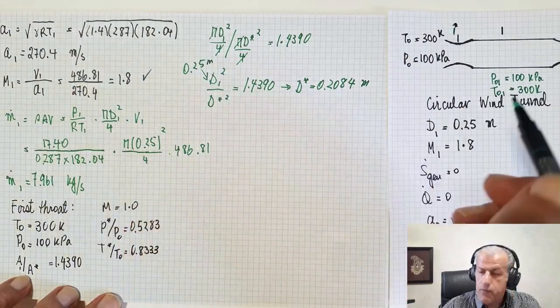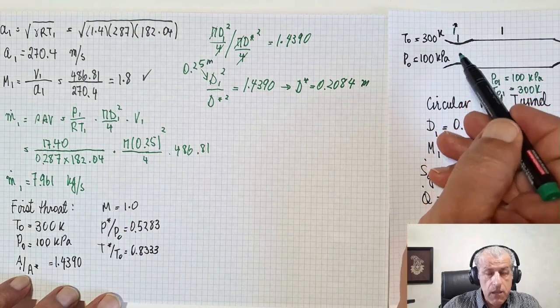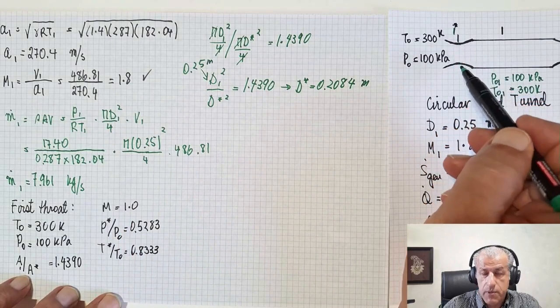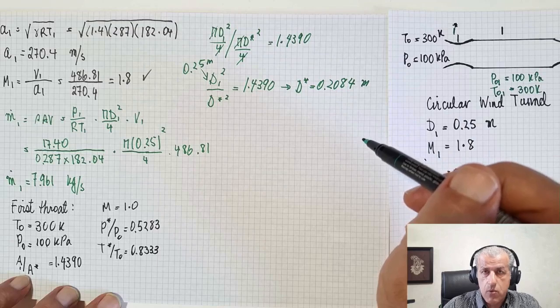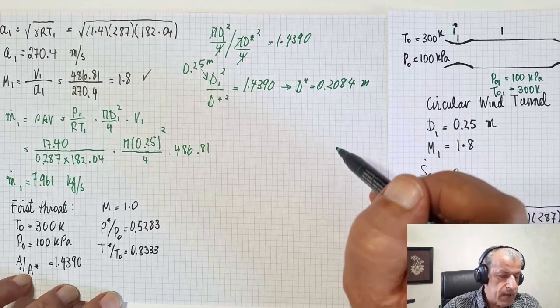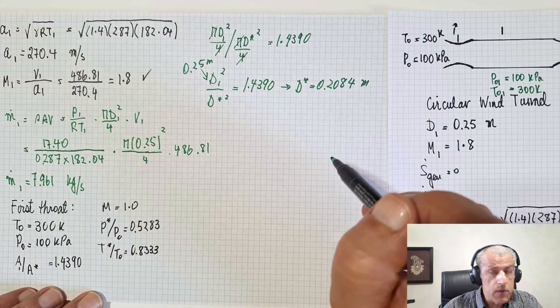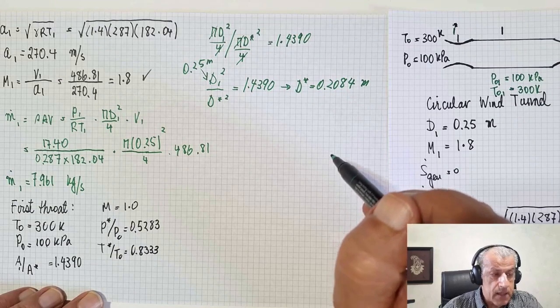So now we know the throat diameter, the minimum diameter where Mach number equals 1. We continue with calculating a number of other properties at the throat.